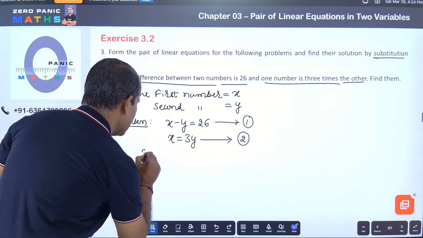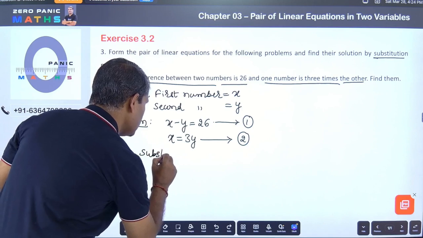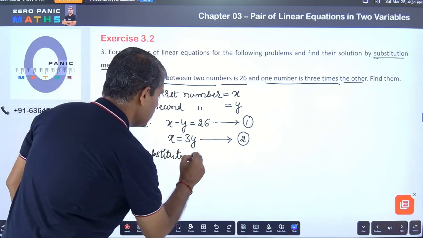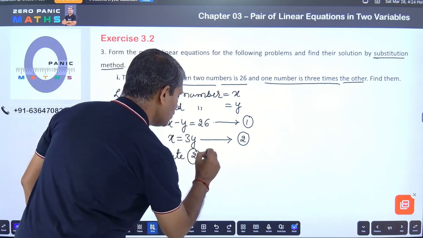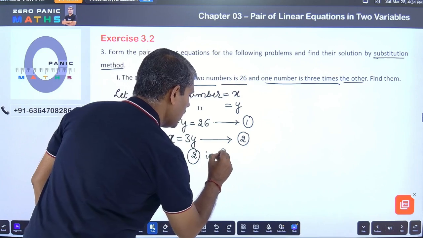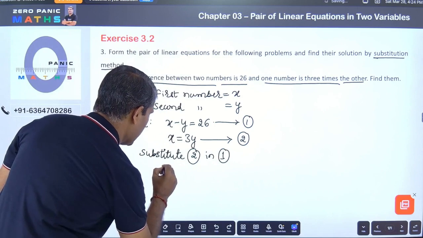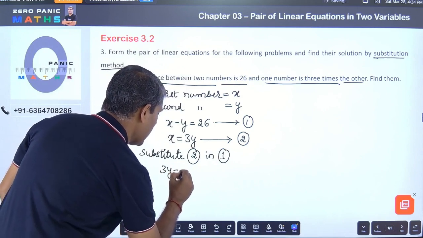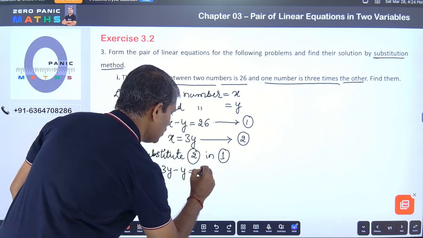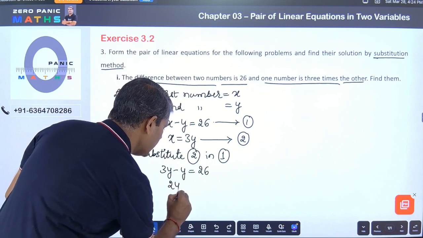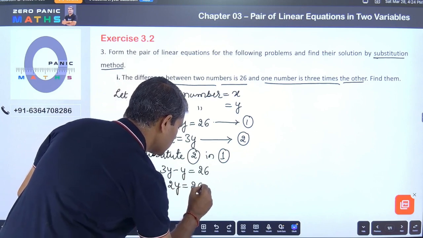So substitute equation 2 in equation 1. What does it get me? In place of x, put 3y. So it is 3y minus y is equal to 26. That is 2y is equal to 26.